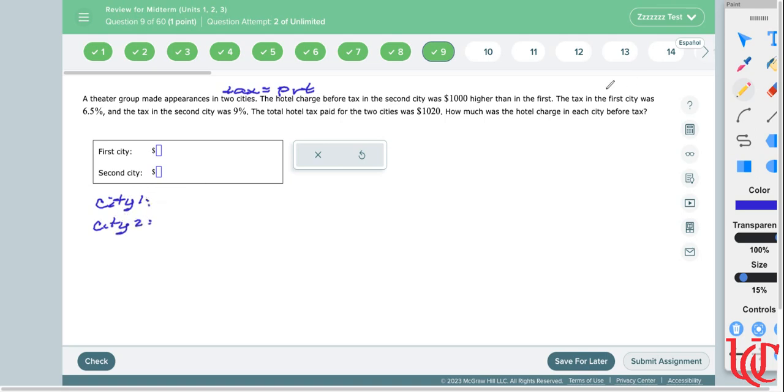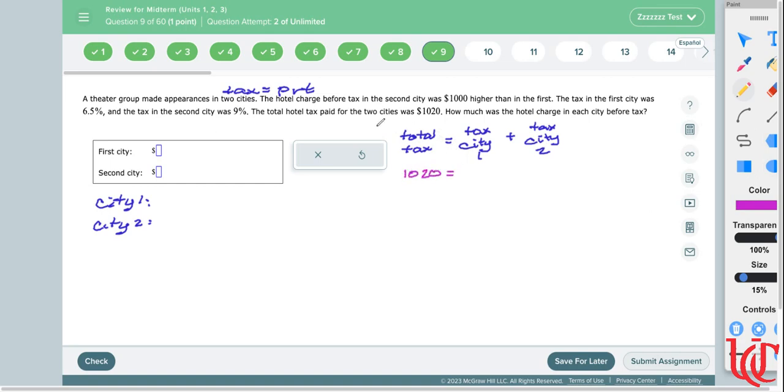All right. Total tax. So total tax equals tax city 1 plus tax city 2. All right, and we do know how much the total tax was. So this is $1,020.